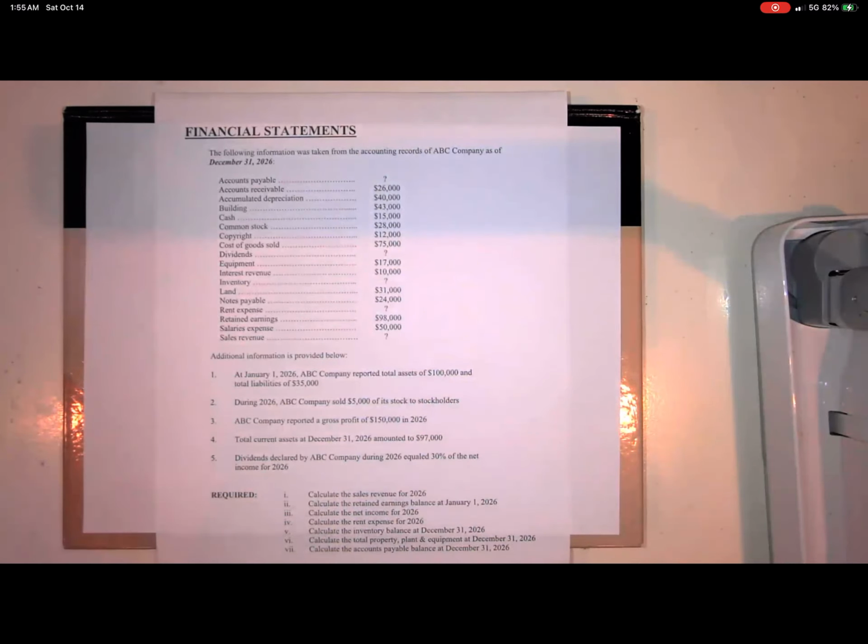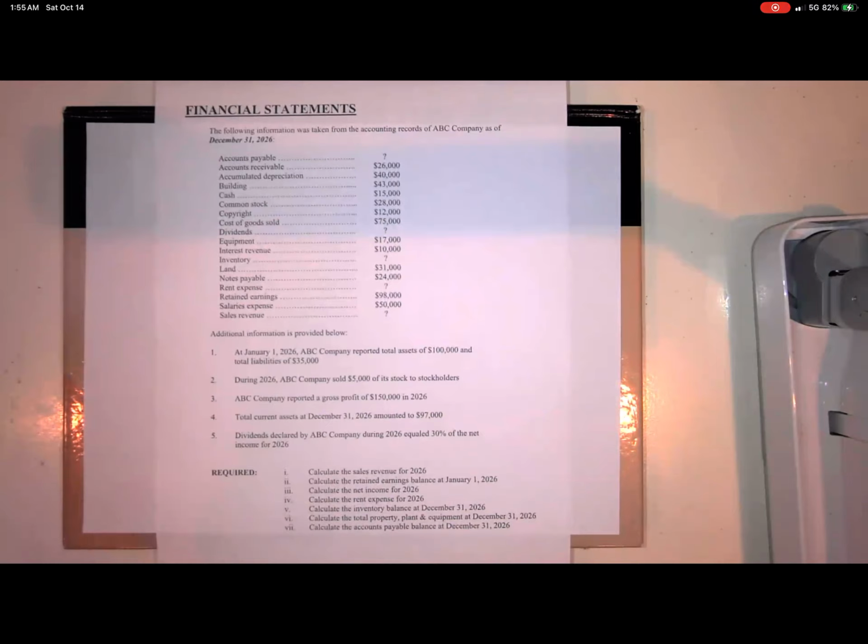There are 5 pieces of additional information that is provided. Let's just read it so we know what it says. Number 1, at the beginning of the year, at January 1st, ABC Company had total assets of $100,000 and total liabilities of $35,000. Number 2, during the year, ABC Company sold $5,000 of its stock to its stockholders.